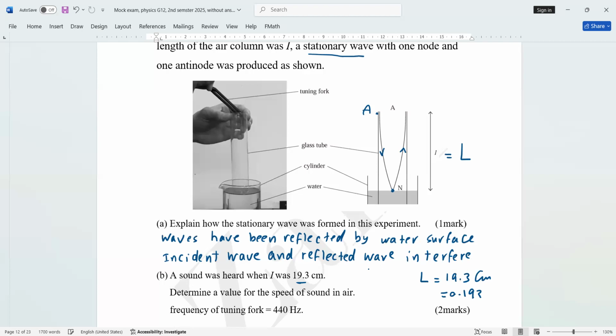Determine the value of the speed of sound in air, and we have here the frequency. The frequency equals 440 hertz. Now, this is a quarter lambda, because from node to antinode, it's a quarter lambda. Then L equals 1/4 lambda. Then we can calculate lambda.